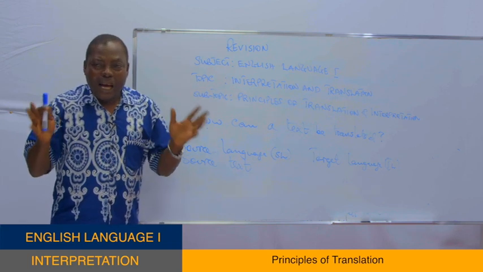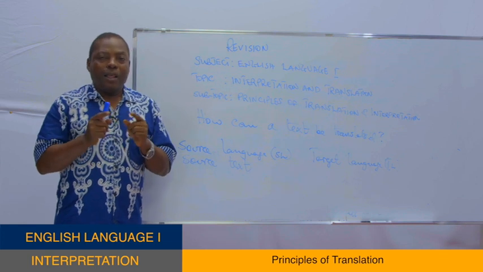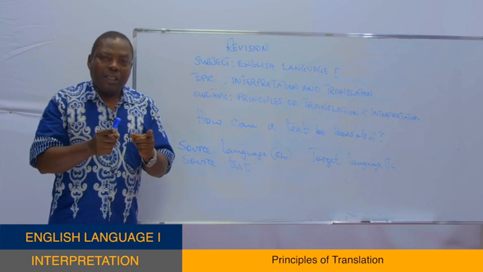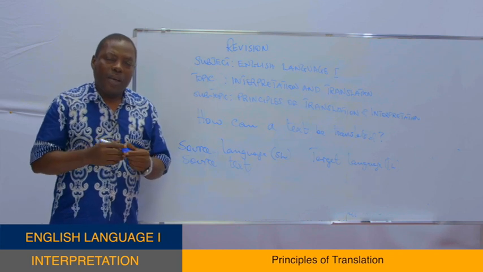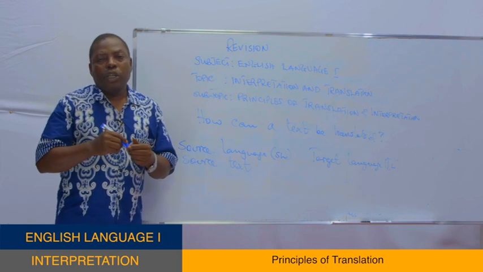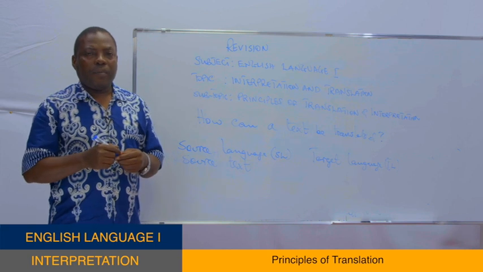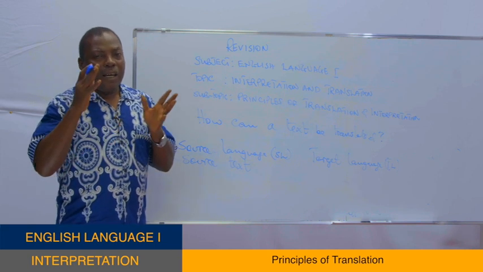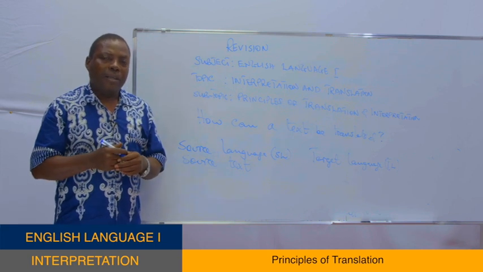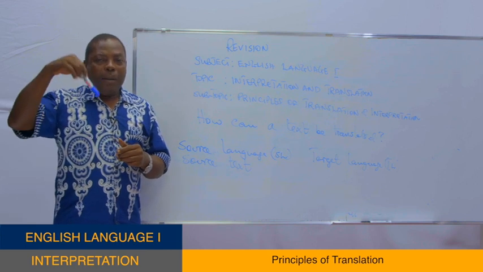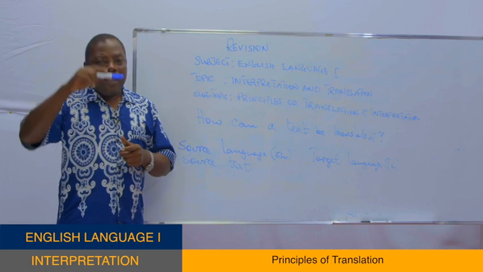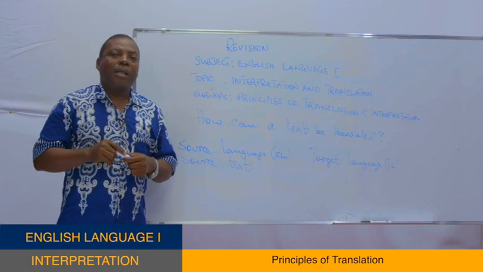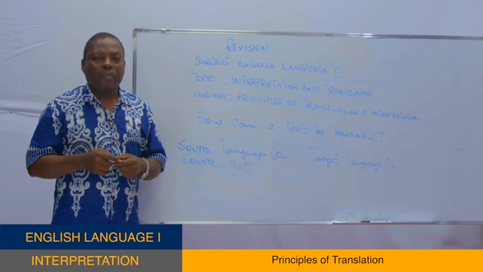It can be any language, provided the text is presented in that language. If I write using French, that is a source text. And if I am expecting my reader to get it in Kiswahili, then Kiswahili will be the target text.